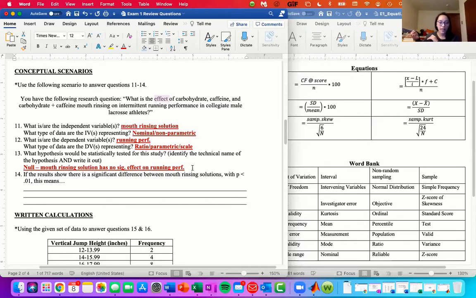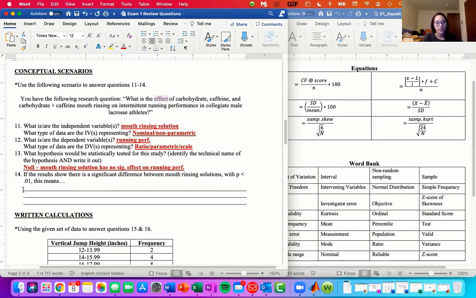The research hypothesis might say the carbohydrate group is going to have a greater effect on running performance than caffeine, or the carbohydrate and caffeine. So you see how they're mutually exclusive, okay?